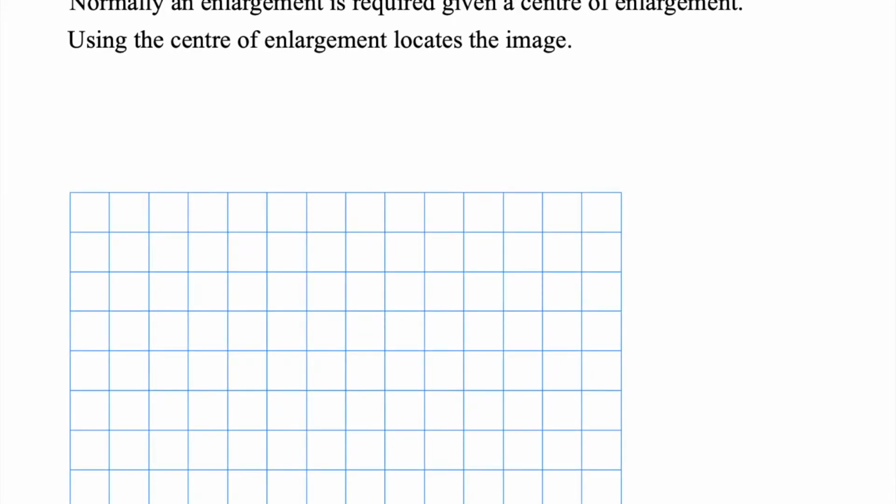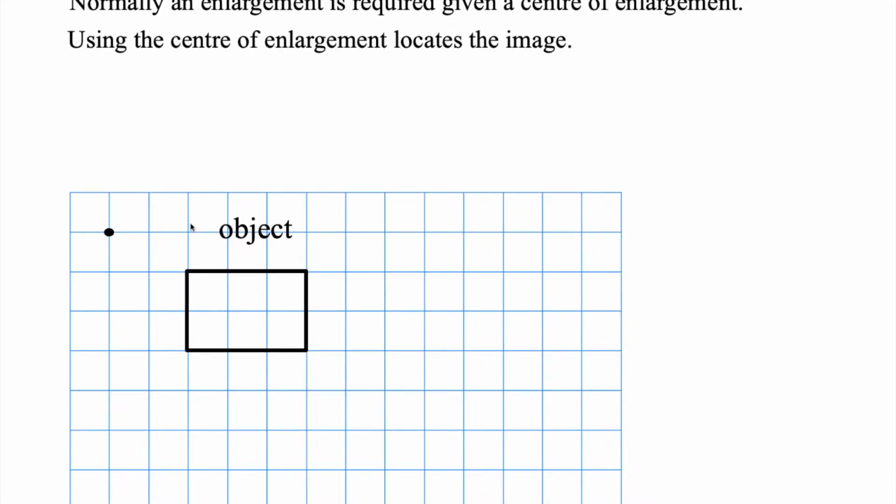If you're using the center of enlargement to locate where the enlarged or reduced image is going to be, follow the coordinates. For instance, you have this object and then you have that point as your chosen center of enlargement, and you can choose any point. It can be here, it can be there.